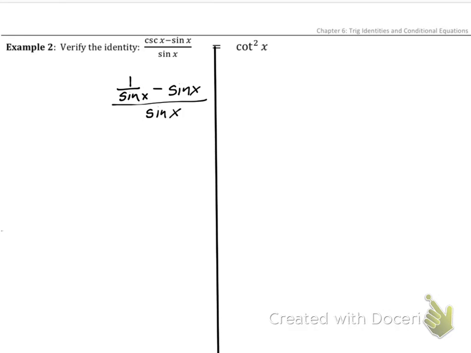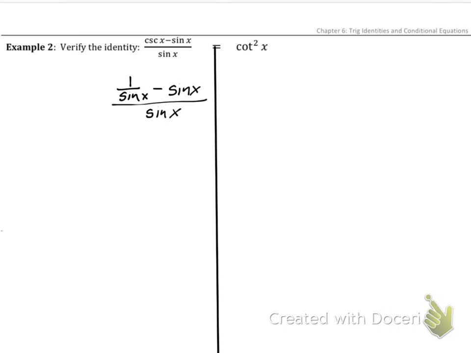It'll be 1 over sine squared x, right? Yep. What he's saying is, I can't rewrite any of this. I don't want to rewrite it all as cosecants because that's just a waste of time. It's already all in sines. So that tells me I need to break apart this fraction. That's the only step I can do.